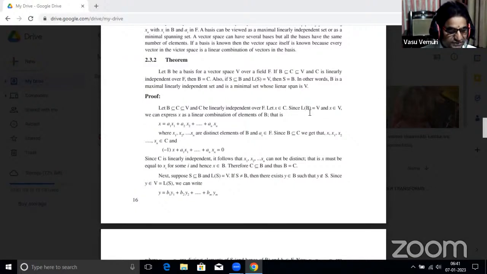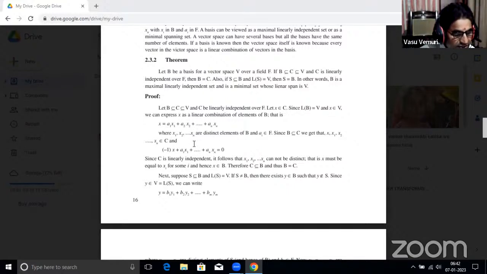Here the basis is B, and L(B) equals V is the linear span. Now we assume any vector x belongs to V. We can express x as a linear combination of elements of B. That vector must equal the summation of ai xi, that is a1 x1 plus a2 x2 plus ... plus an xn.